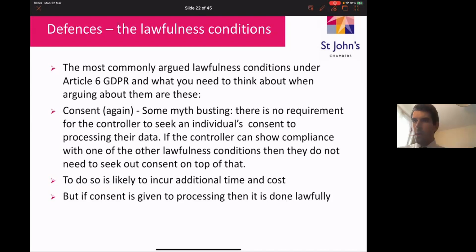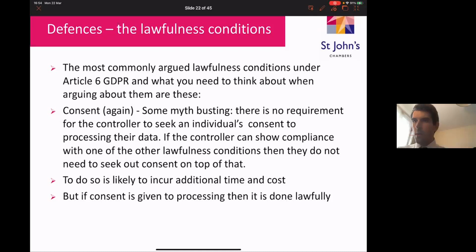It's sometimes misunderstood that a controller has to have an individual's consent to process data lawfully under the GDPR, but that's not right, and it's not right even if the data is special category, so the most sensitive category of data, and we'll come on to that. If you can show compliance with at least one of the other lawfulness conditions, then you don't need to go seeking out consent on top of that.